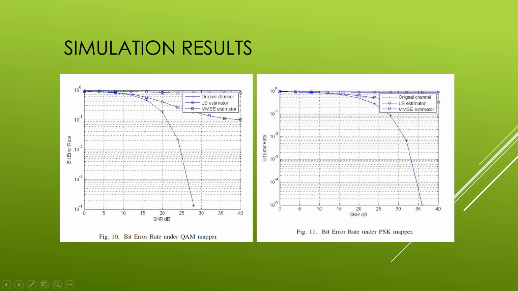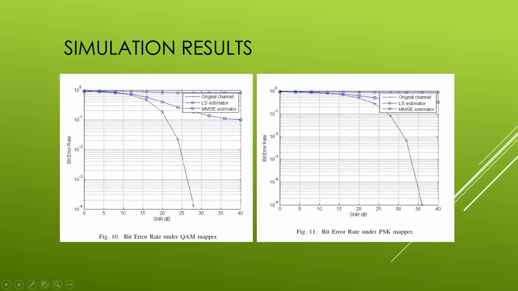These two figures show the bit error rate, which could also be a metric to evaluate the accuracy of the estimators. As we can see, the bit error rate of the original channel will drop down significantly when the signal to noise ratio becomes larger.